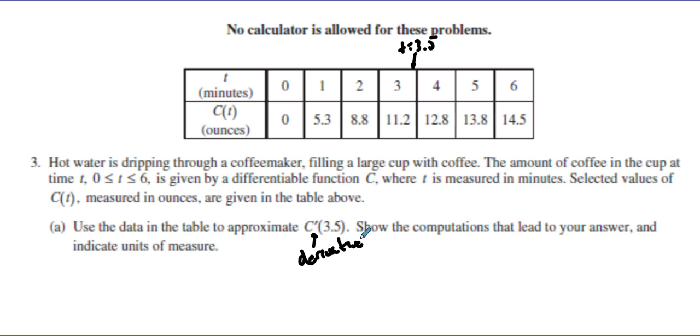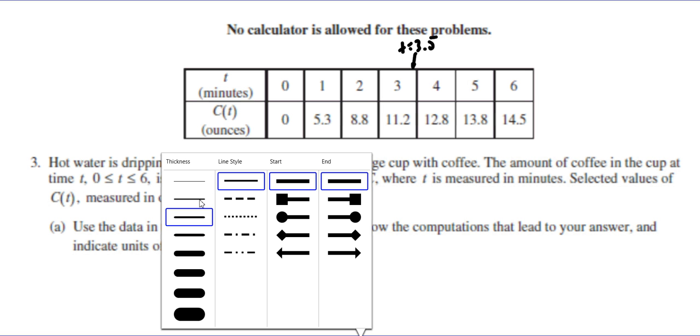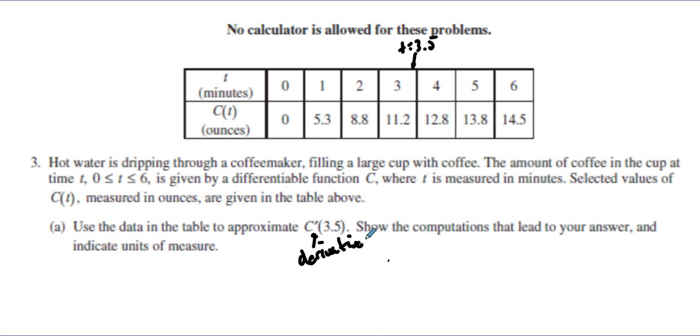A derivative means we're finding a rate, or essentially we're finding the slope of the curve at t equaling 3.5. Now we are only estimating this.